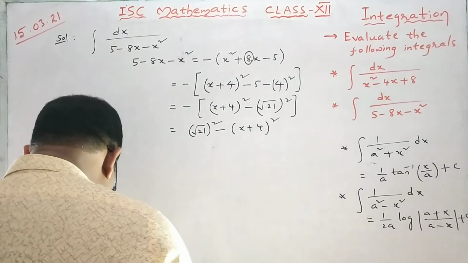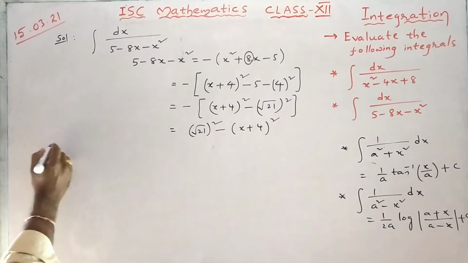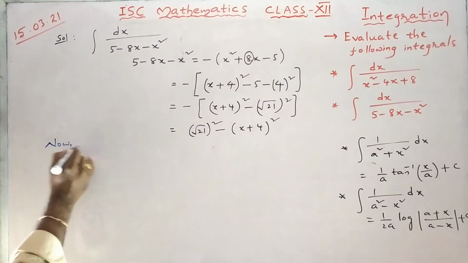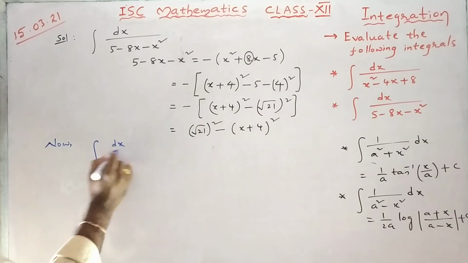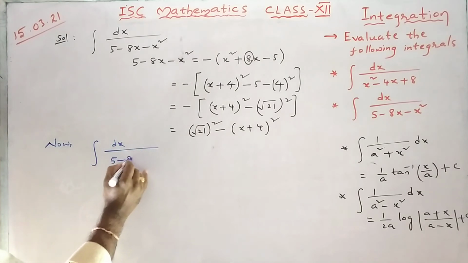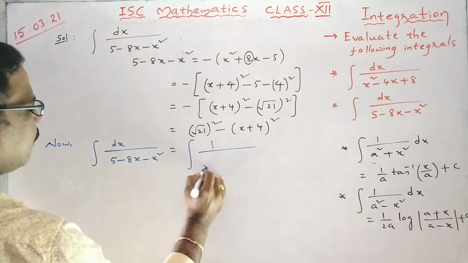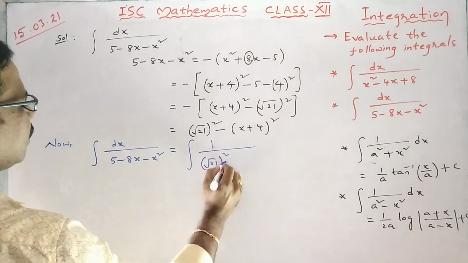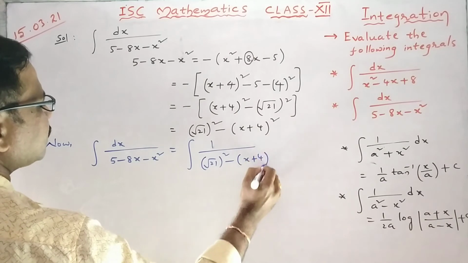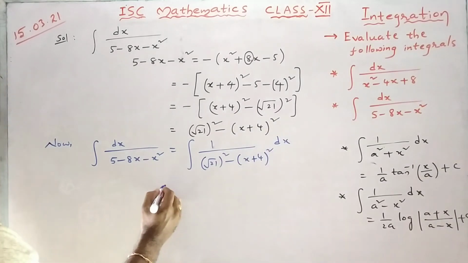So now the given integral dx upon 5 minus 8x minus x square equals integral 1 by root 21 whole square minus of x plus 4 whole square dx.